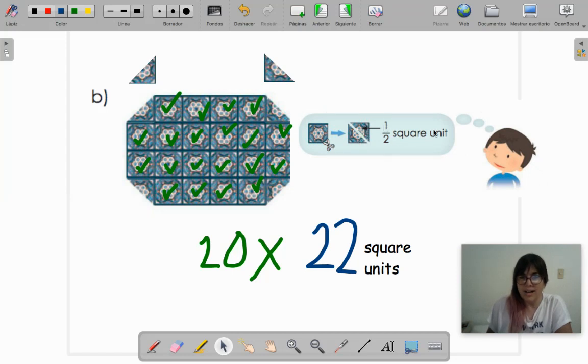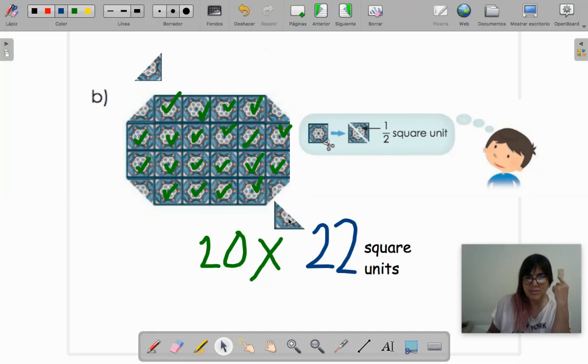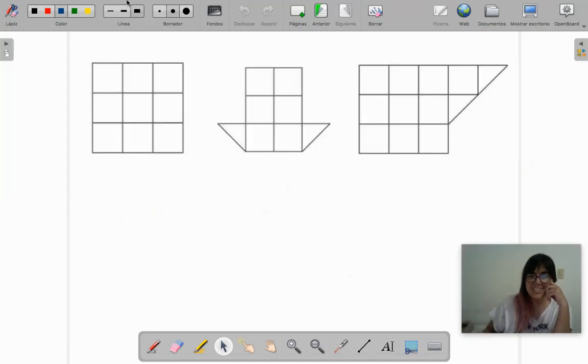This is 1/2 of a square unit, another half of a square unit. So 1/2 and 1/2 make 1. Then this half of the bottom plus this half make other square. So we had 20 complete squares and 2 more. That's 22 square units. Well, time to practice.